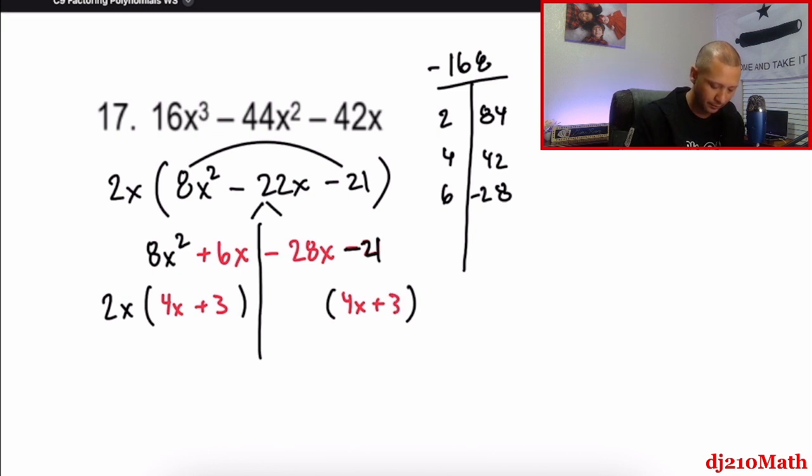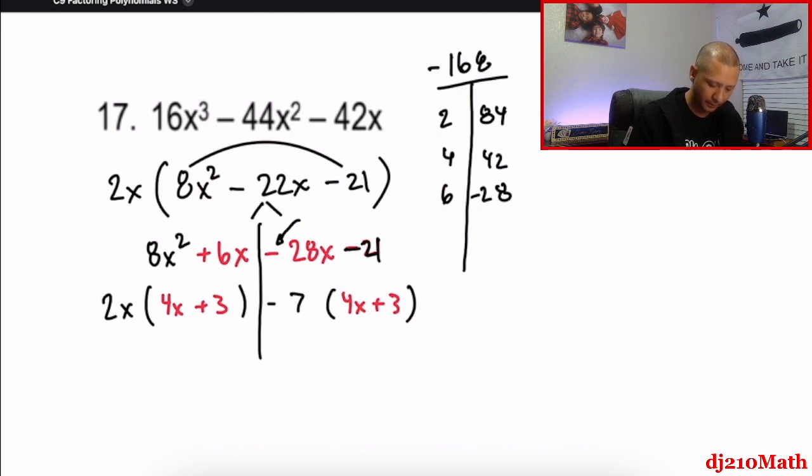So it's negative. Right, so I'm definitely taking out a negative. Negative what, though? I need 28. 4 times what equals 28? A 7? All right, so 7 times 4 is 28, 7 times 3 is 21, and we took out a negative, so we're good.